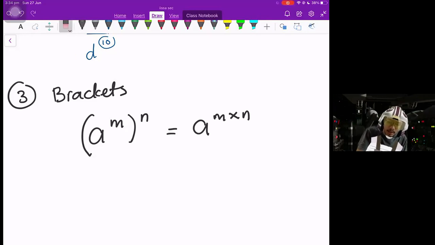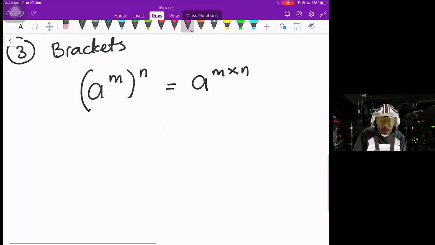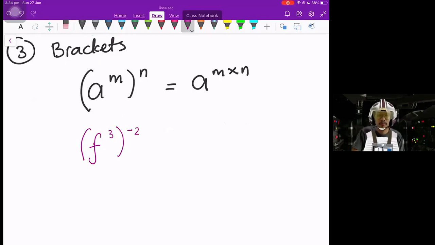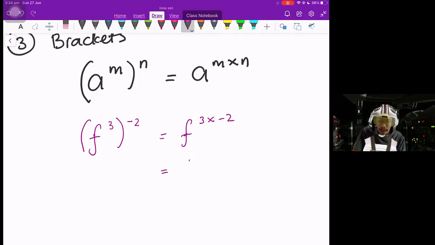I'll give you an example. Let's say if we have not a number, but an unknown, f. Let's say f to the power of 3, all to the power of negative 2. So this is actually f to the power of 3 times negative 2. If you work this out, this is going to be f to the power of negative 6.